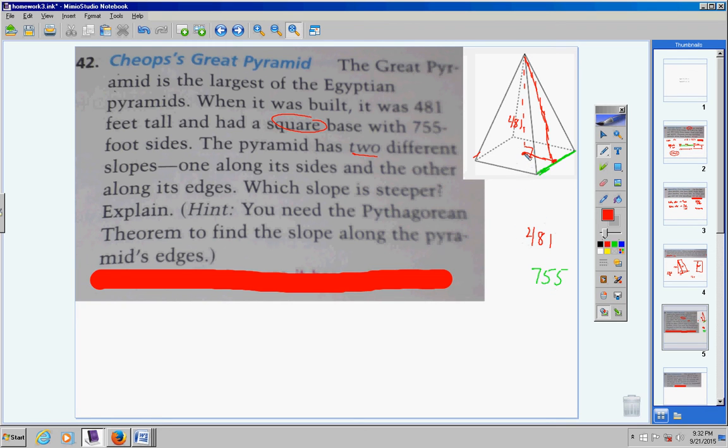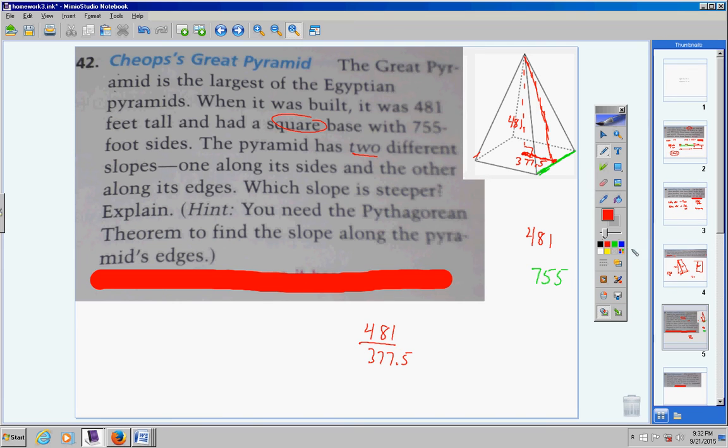So the distance from here over to here is 377.5. So I have my rise, 481. I have my run, 377.5. Type that into my calculator very quickly, and I get 1.27.